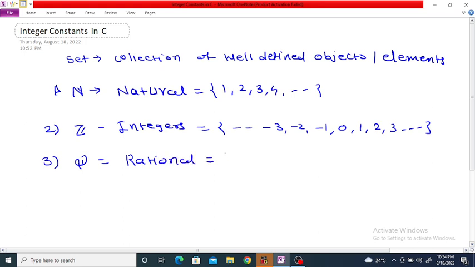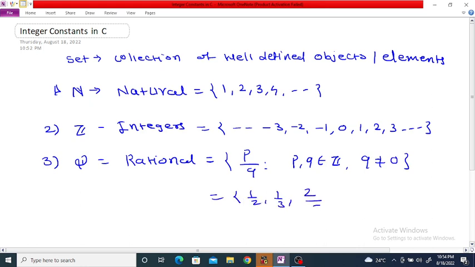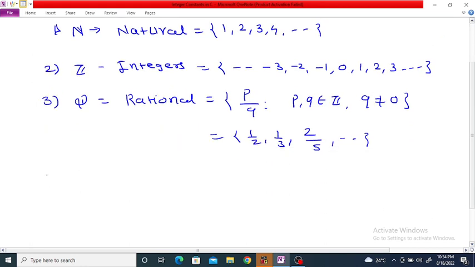It is of the type p by q, where p and q are integers and q is not equal to 0. For example, 1 by 2, 1 by 3, 2 by 5, and so on. Or it is also called a non-terminating or repeating decimal fraction. It is also called a rational number.